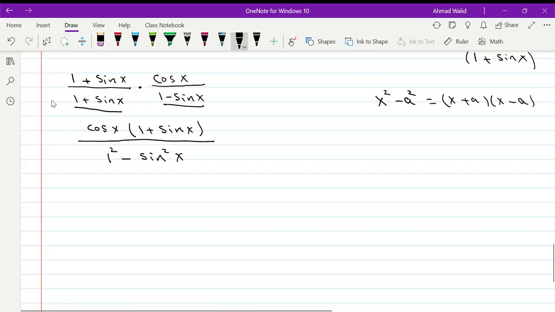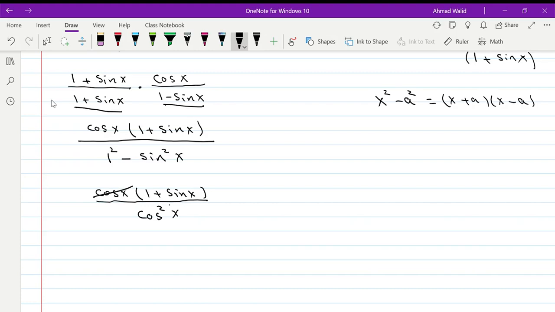Then write cosine x times 1 plus sine x, all over 1 square is 1, 1 minus sine x square. Instead, you can write what? Cosine square x. One of the cosine x cancels out with one of them.